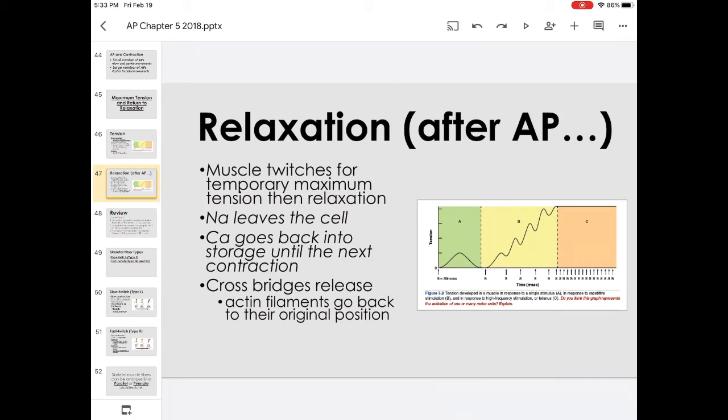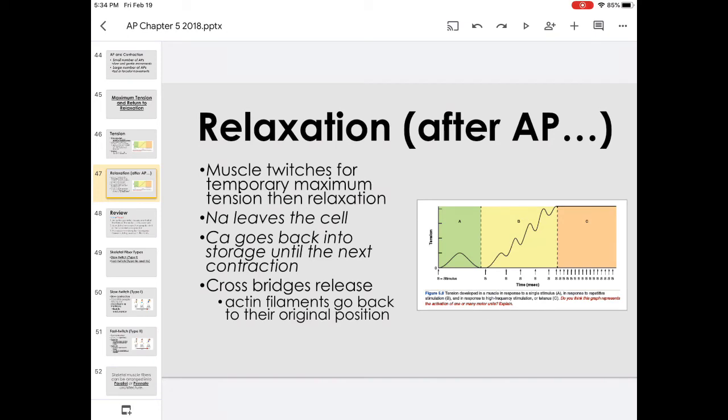What they usually say is that after you have an action potential and it travels all the way down the axon into the muscle fiber, you're going to have a bunch of chemical processes occur that help the muscle fiber return to its resting stage. So what are these chemical processes? One, sodium ions that once came into the cell to make it positive to trigger an action potential are going to leave the cell during relaxation.